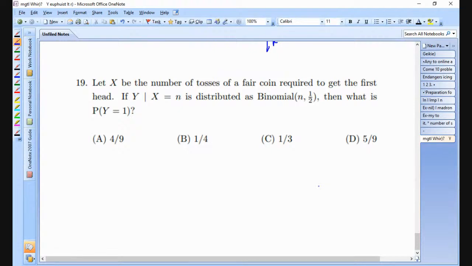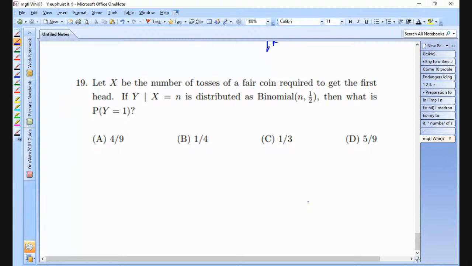Probability X is equal to X into half to the power X minus 1, and X will run from 1 to infinity. So what theorem or result are you using? Because you have to write that result.